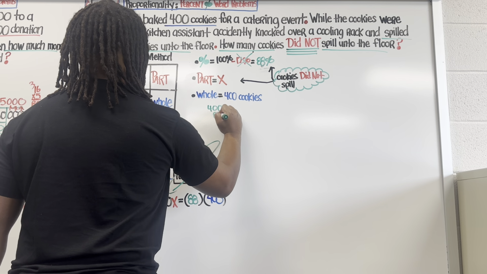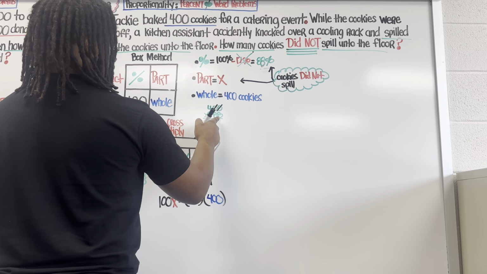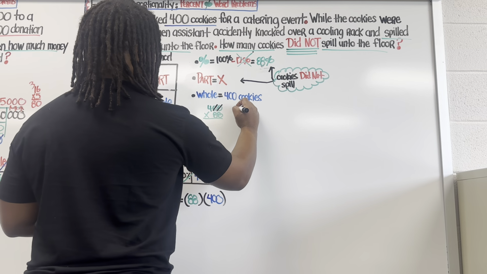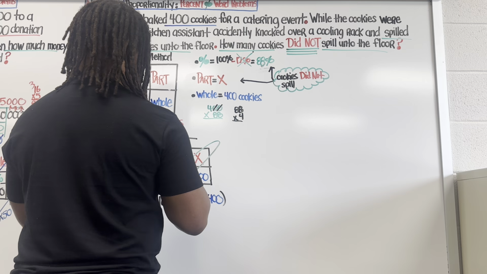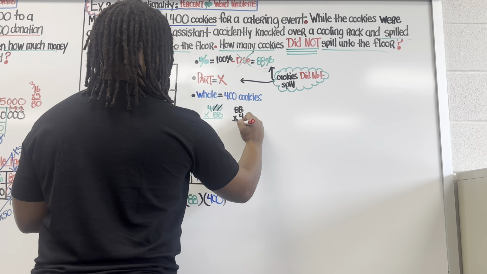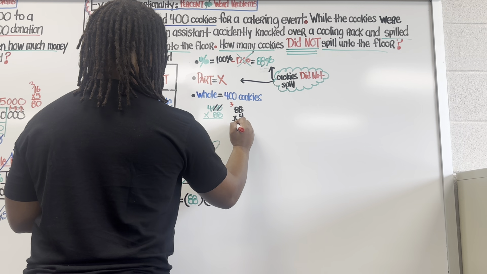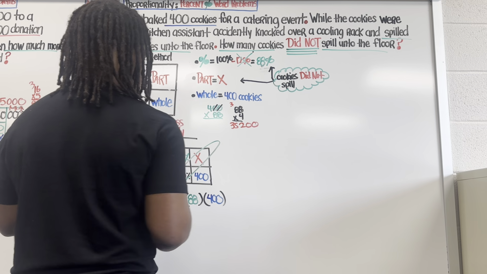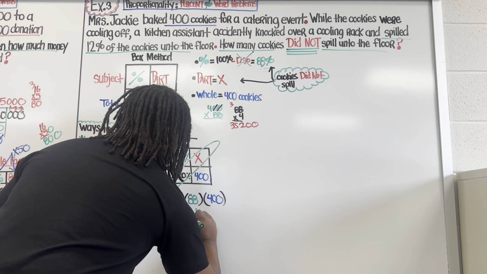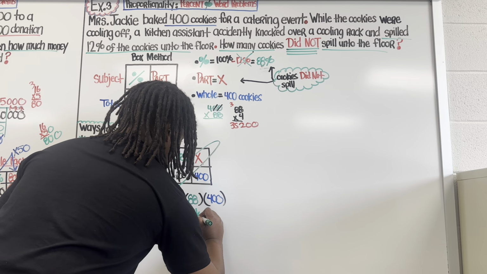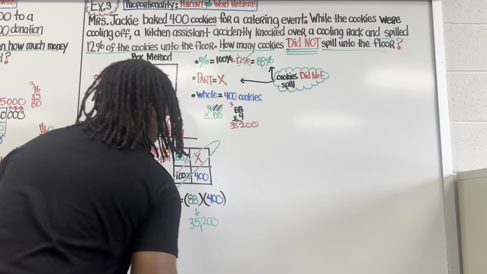So now let me just do that simple math real quick. 400 times 88. Once again, I can cross out these zeros and just do 88 times 4 and then reattach those zeros. So 88 times 4 is 4 times 8 is 32. 4 times 8 is 32 plus 3 is 35. Then I reattach those two zeros. So it's actually 35,200.